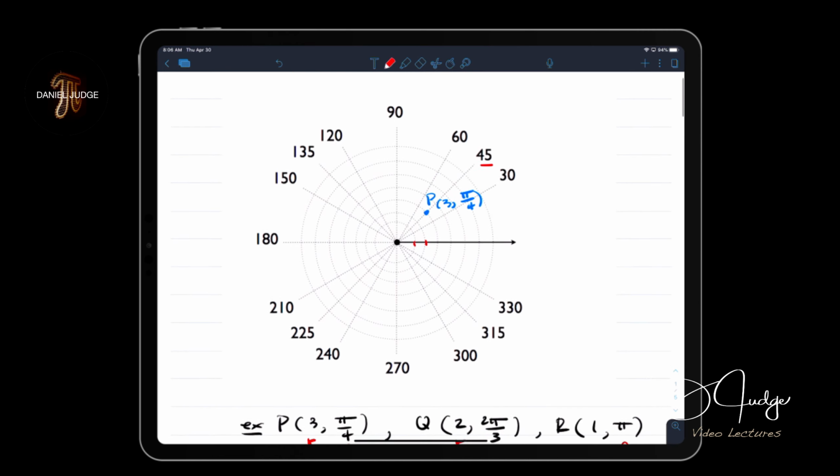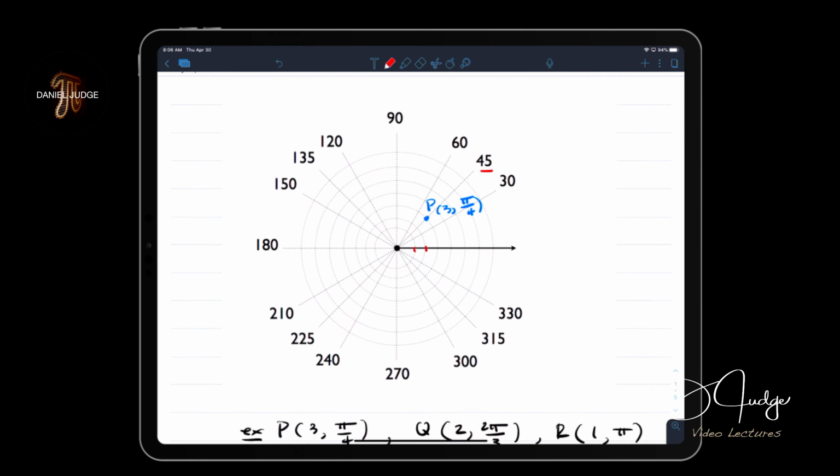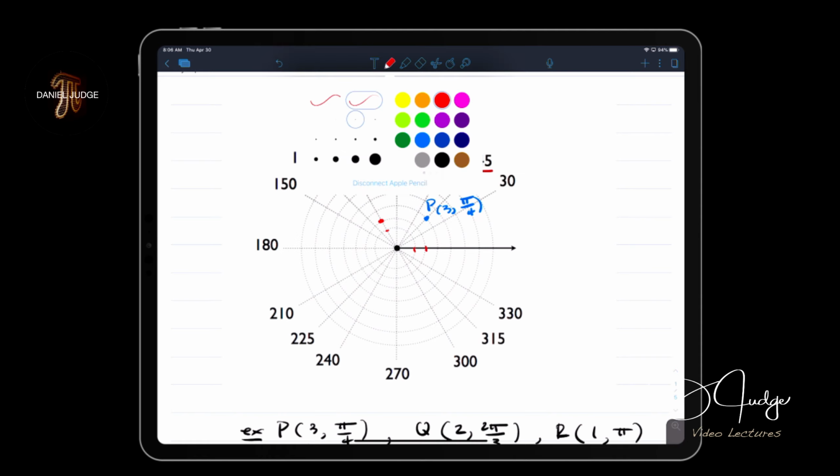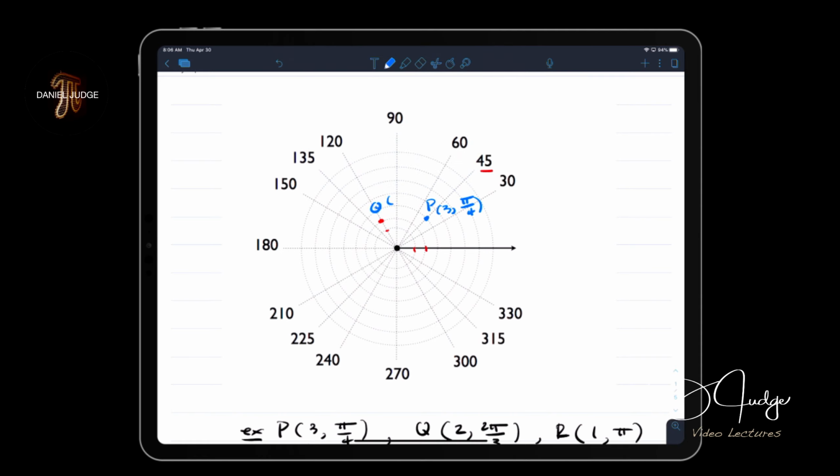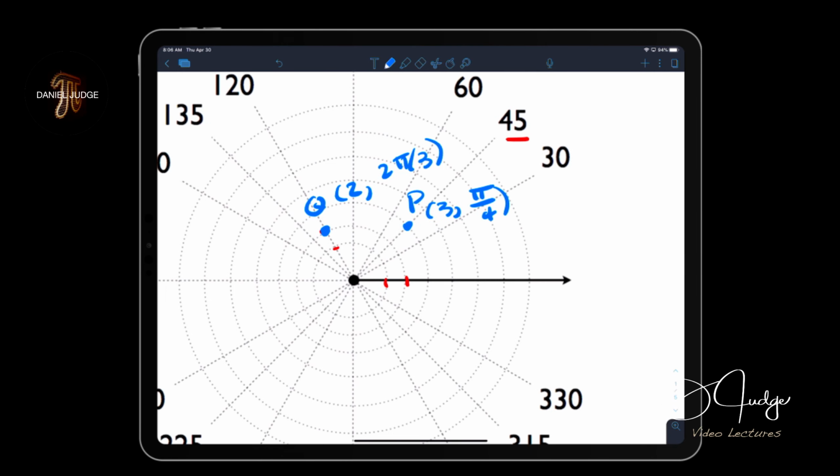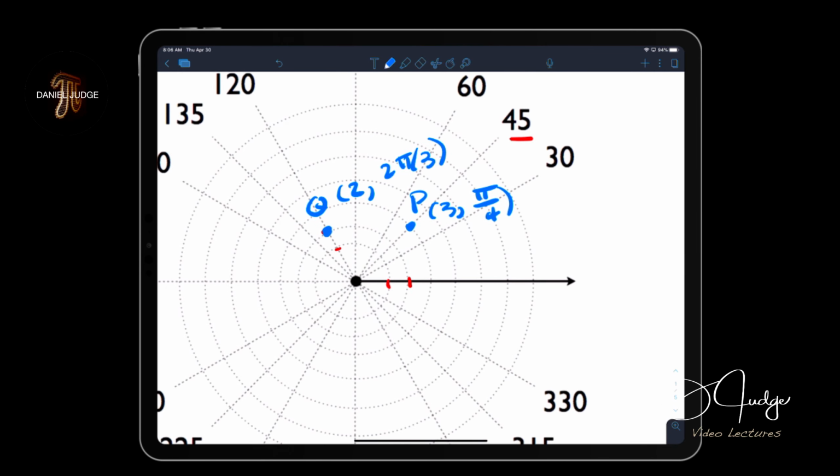And I rotate to 120 degrees. So I rotate the ray, and I usually use my hand, but not this time. This is going to be 1, 2. This is our location of Q, which is 2 pi over 3. So here's some angles here.